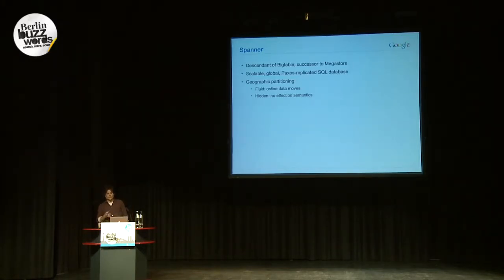Spanner, in its low-level architecture, looks a lot like Bigtable, for better or worse. Updates are appended to logs that live in a data center local distributed file system. Periodically, they're compacted into immutable B trees, what Google calls SS tables. Periodically, those SS tables get merged together, and so on.